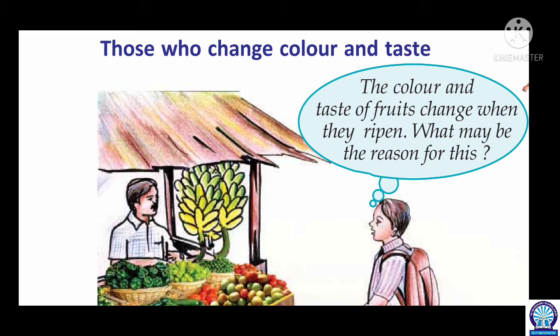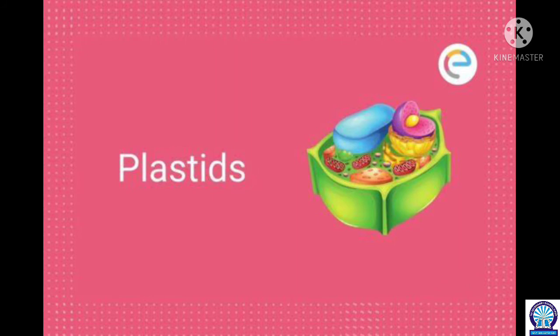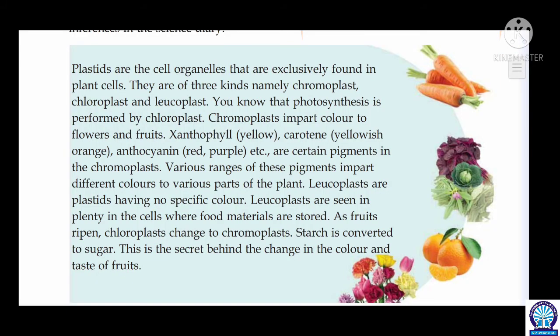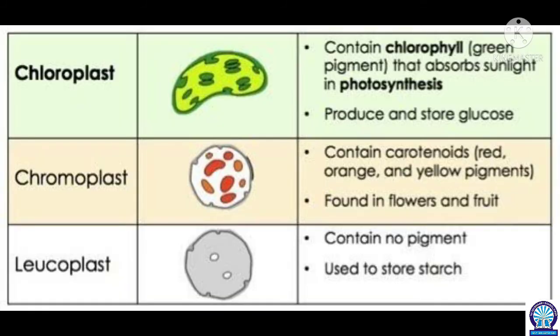In plant cells, we can see a cell organelle, that is plastids. Plastids are of three kinds: chromoplast, chloroplast and leucoplast. We already know what chloroplast is. Chloroplast is a cell organelle which produces a pigment called chlorophyll, and it is helpful for photosynthesis in plants.